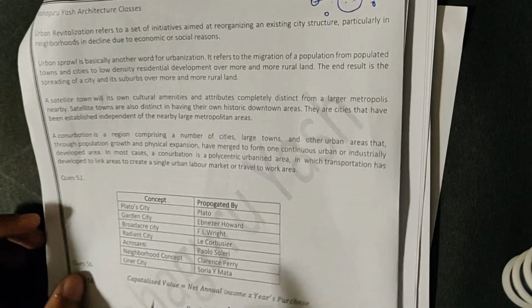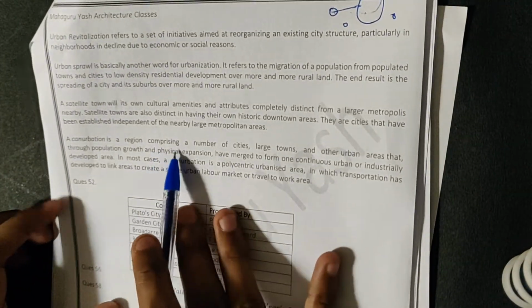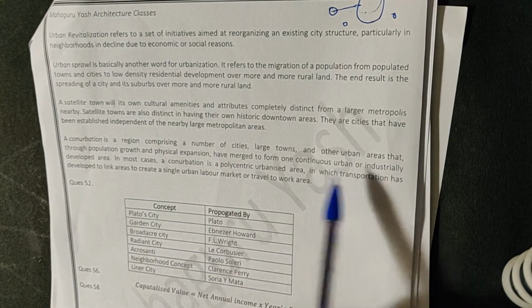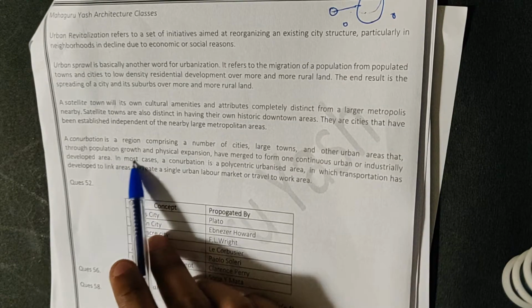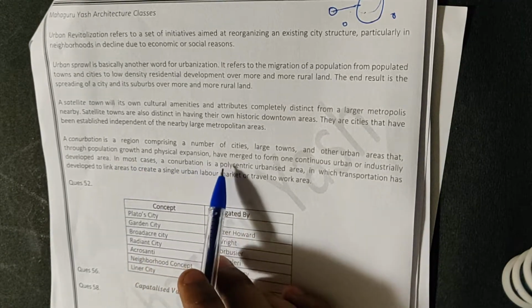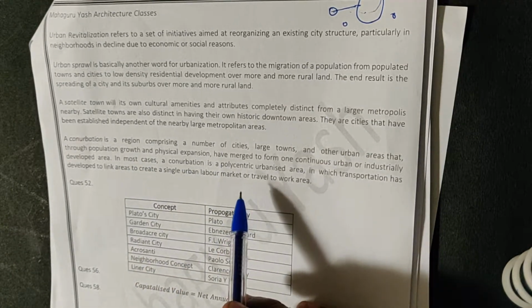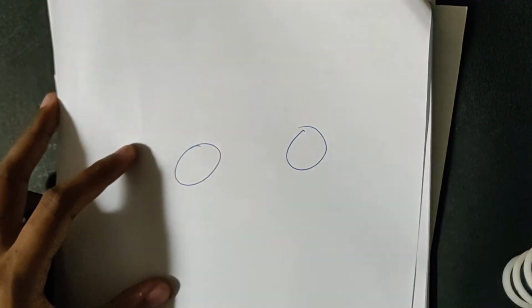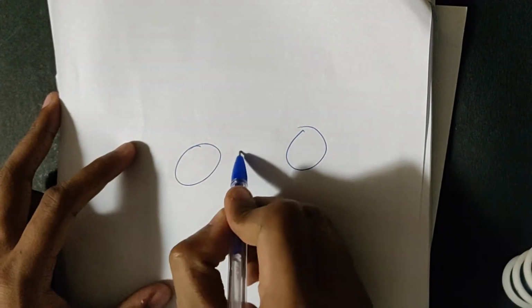And the last is conurbation. Conurbation is a region comprising a number of cities, large towns and other urban areas that, through population growth and physical expansion, have merged to form a continuous urban or industrial development. What happens is you have city 1 and city 2, and some smaller cities and villages in between.